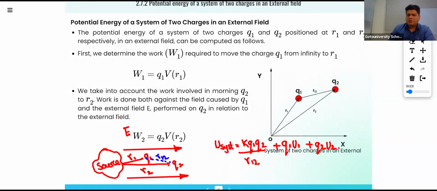Why q1 u1 and why q2 u2? Because of this external field, this and this will be there. If there was only one, we could take q1 v1. And this is how we can find the potential energy of a system. Okay, let's dive into the next topic.